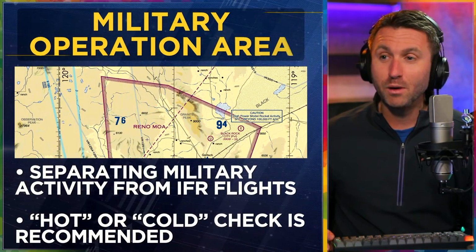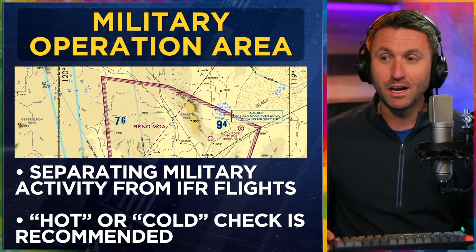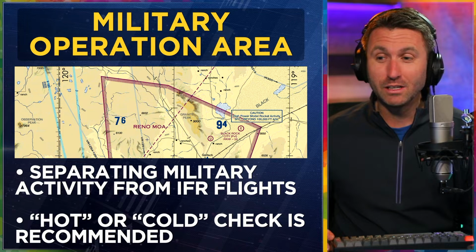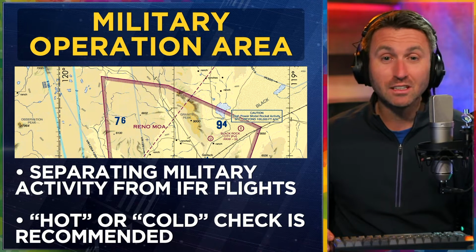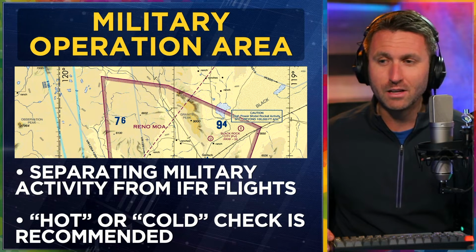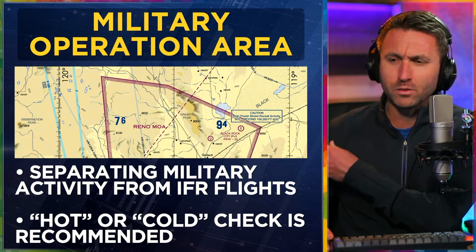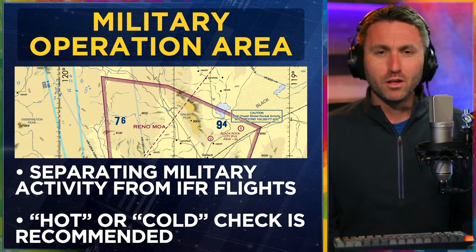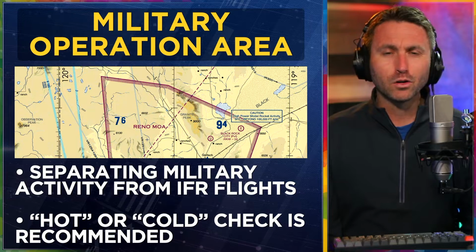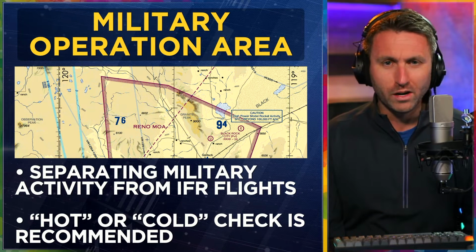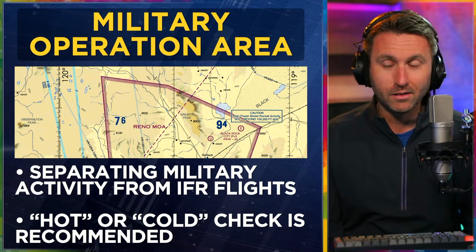There's also one more to tell you about, a MOA, a military operation area. These are places that separate military activity from IFR flights. You'll see a lot of MOAs in the West, and they all have names rather than a numerical designation. But the terminology is hot or cold. Is the MOA hot or cold right now, or today, or later today?